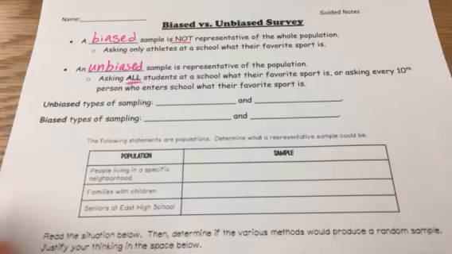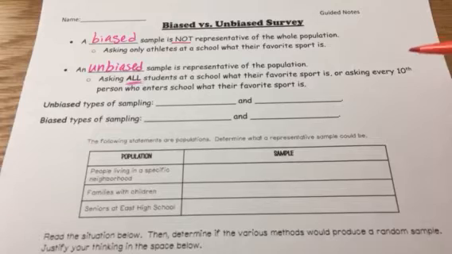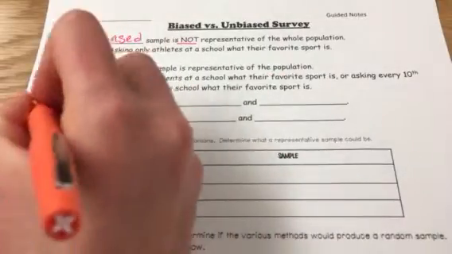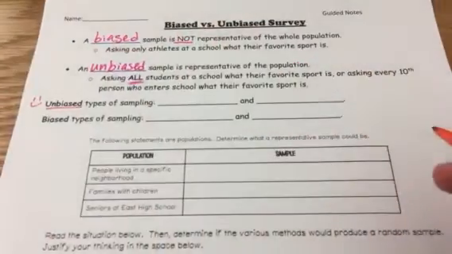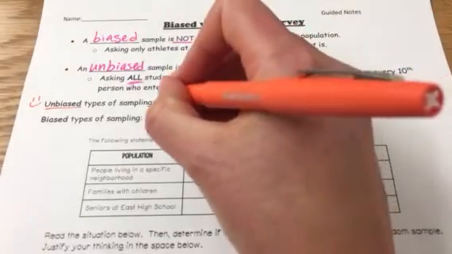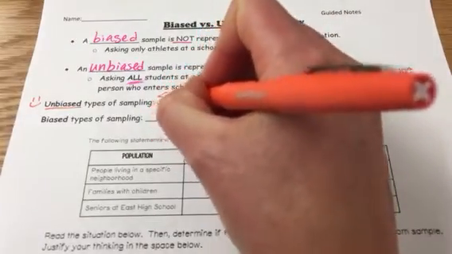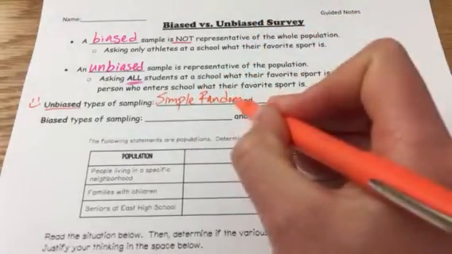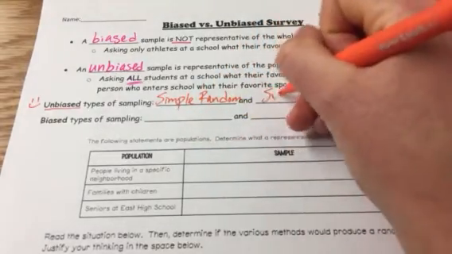So in general, the samples that we talked about before, simple random, systematic, voluntary, and convenience, lend themselves to biased and unbiased samples. The unbiased ones, the good ones that we like because we like getting a good representation, are simple random and systematic.